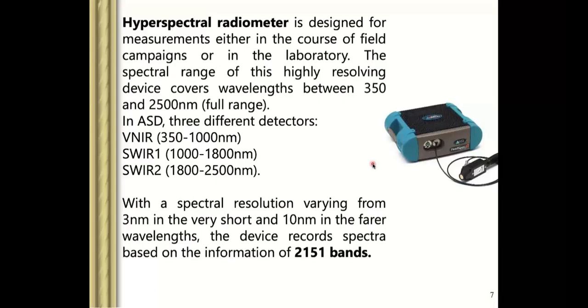Suppose you have 4 beakers. In the 4 beakers, one has 10 ppm of TSS, and the others 20, 30, and 40. So there are different concentrations of TSS in the 4 beakers, and then you take a reading using this handheld spectral radiometer.